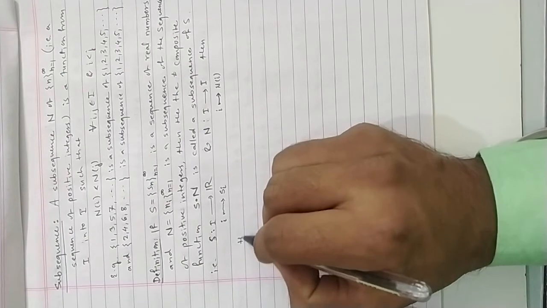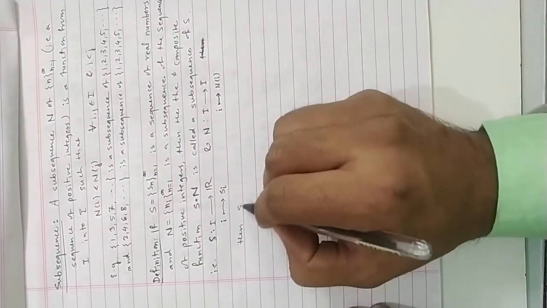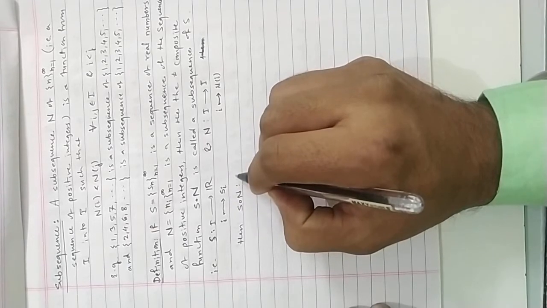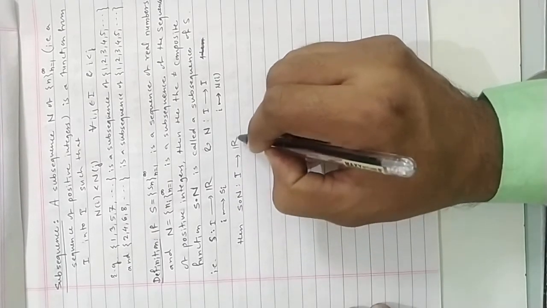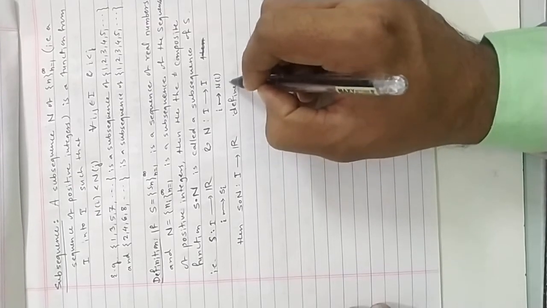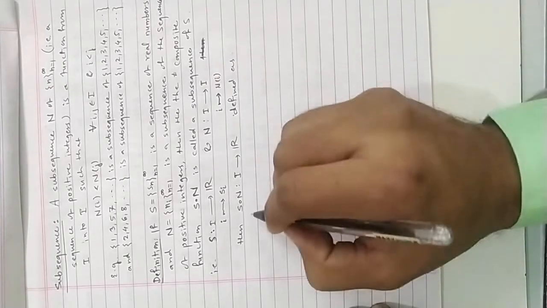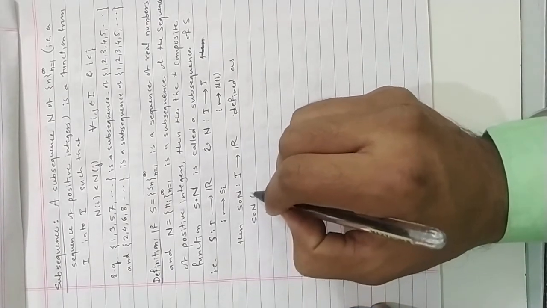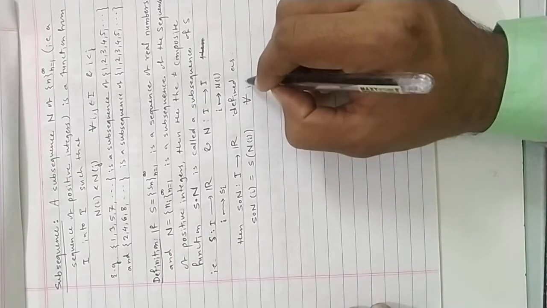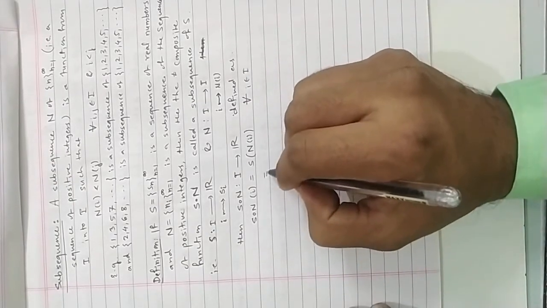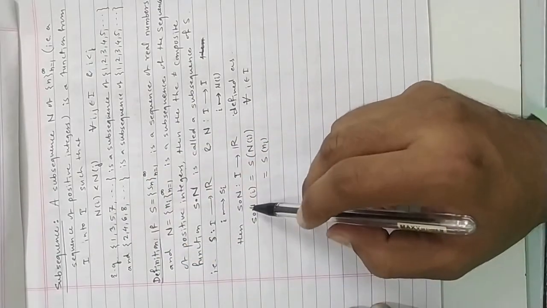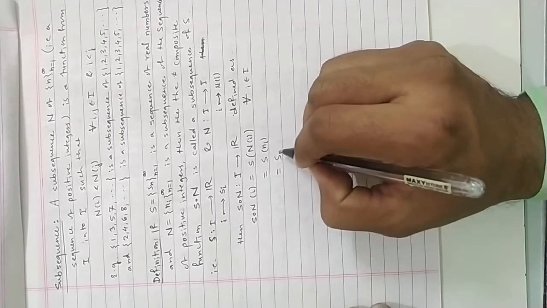Then the composite function S composite n will be a function from I, the set of positive integers, to R, and can be defined as S composite n of I, so it will be S of n of I. It should be true for all positive integers I. So it is equal to S of ni, because we have defined n, and it will be S ni.